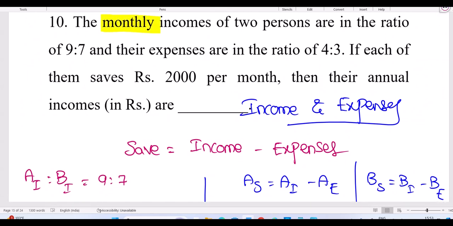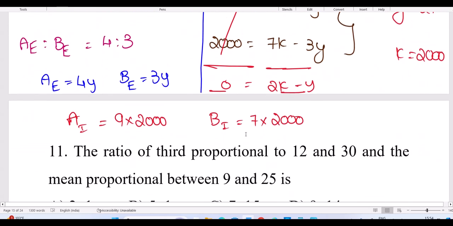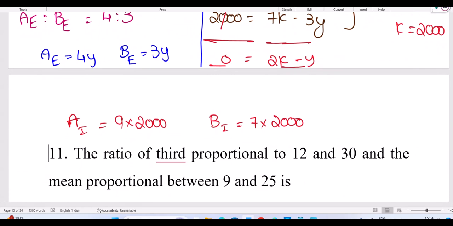No, see, these are monthly incomes, this is monthly saving. I'm asking annual. We have to multiply by 12 extra. 18,000 is one month's income. 14,000 is one month's income. But my question is annual income. If you want annual, put annual and multiply by 12 extra.